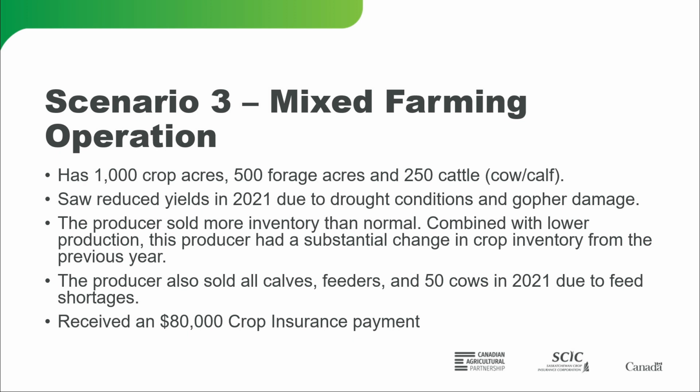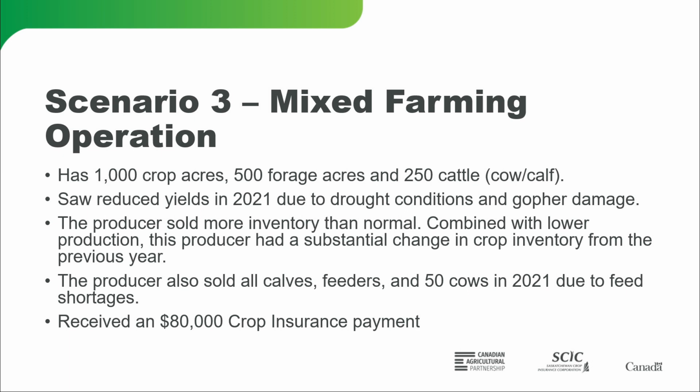And the third example we have here is a mixed farming operation. It's a producer that has 1,000 crop acres and 500 forage acres with a 250 cow-calf operation. His yields on his crops were reduced due to the drought in 2021, and he also suffered from gopher damage on those crops.